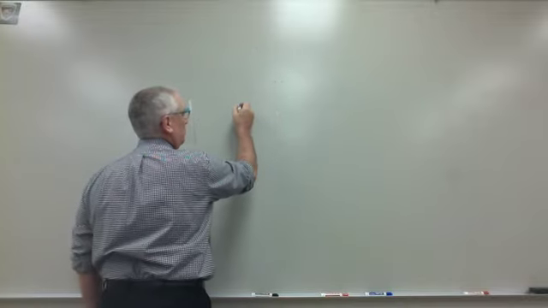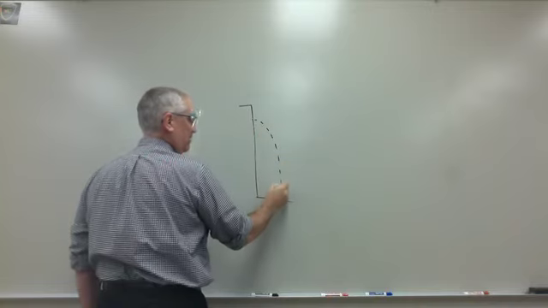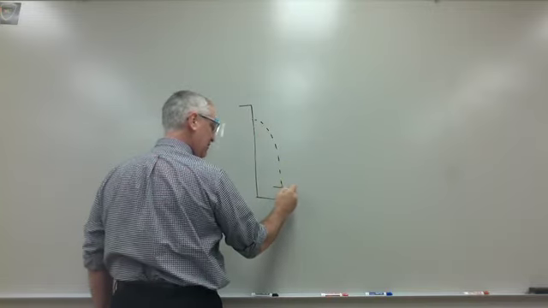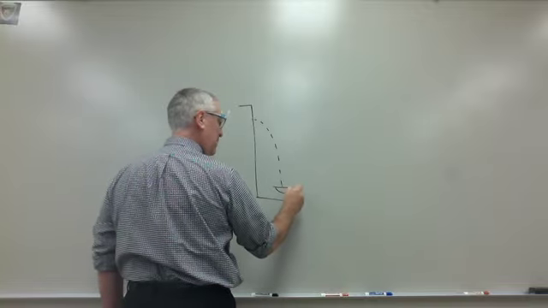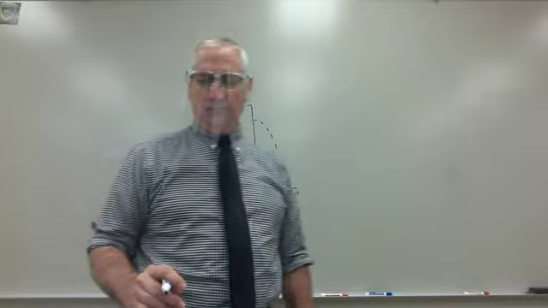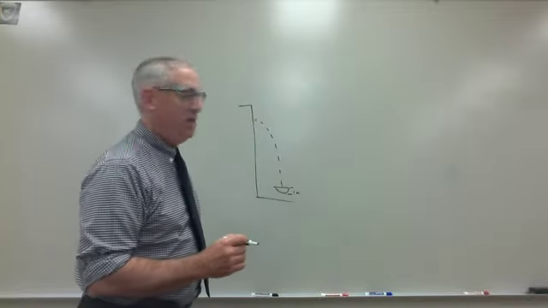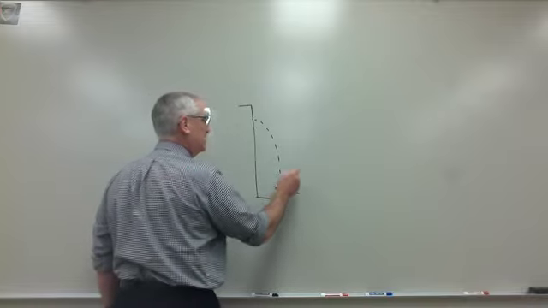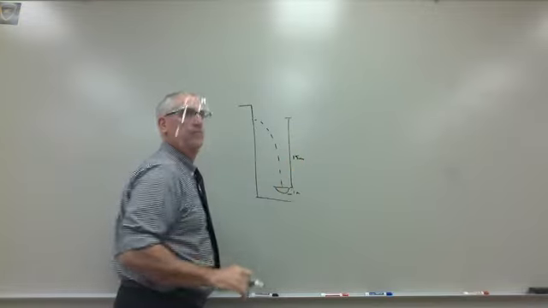The way it looks in the book, you've got this person jumping down, and this part here is 1 meter, and this total height is above the fireman's net. So from here to here is 15 meters.